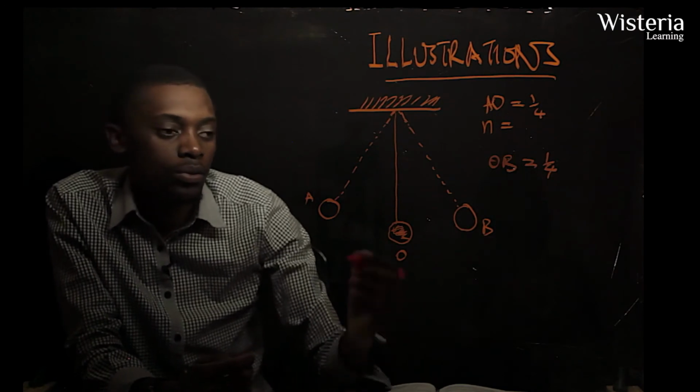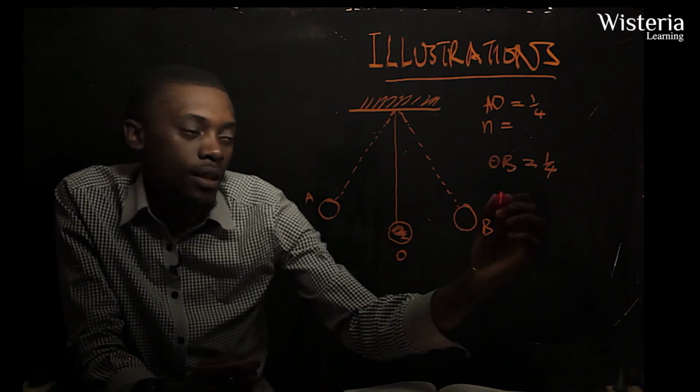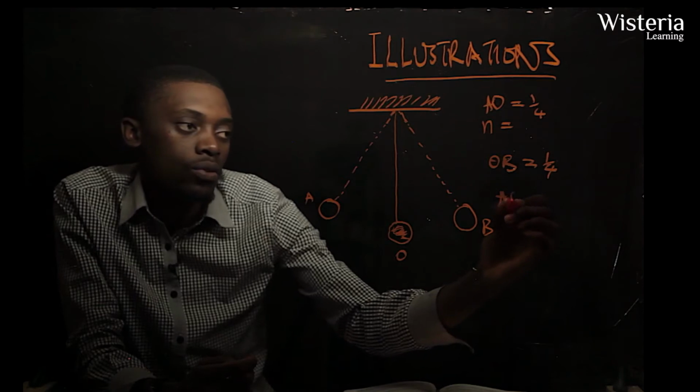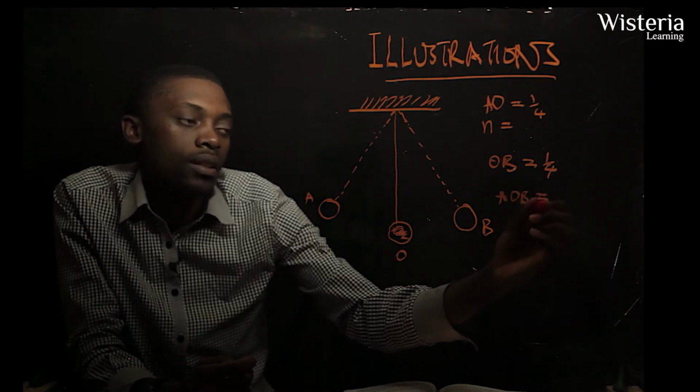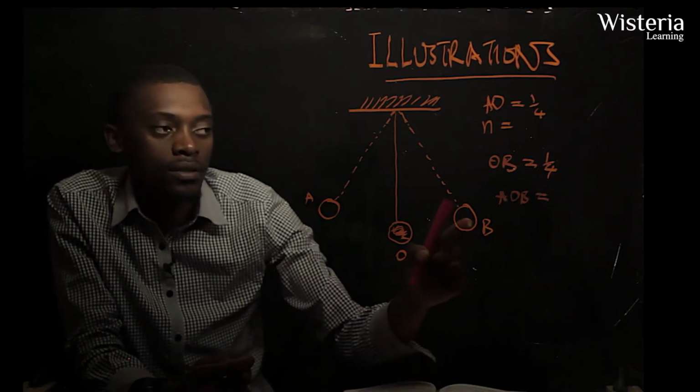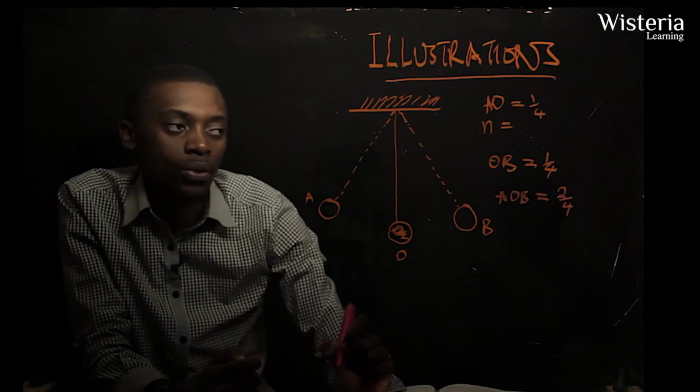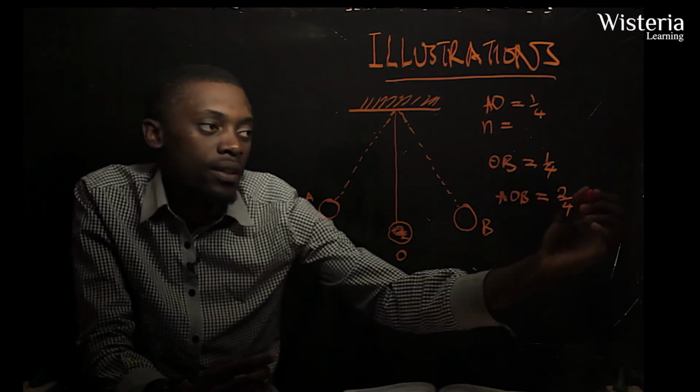Then we can conclude that from A to O to B, the number of oscillations made is 2/4, which can be reduced further to 1/2.